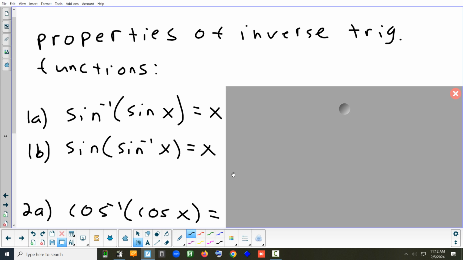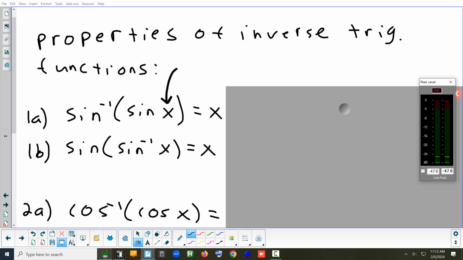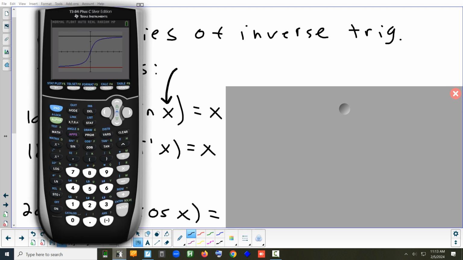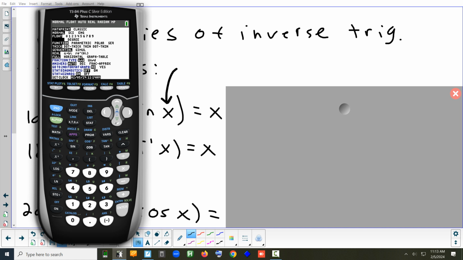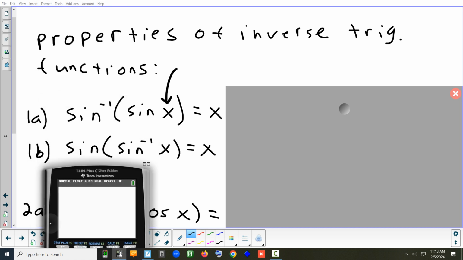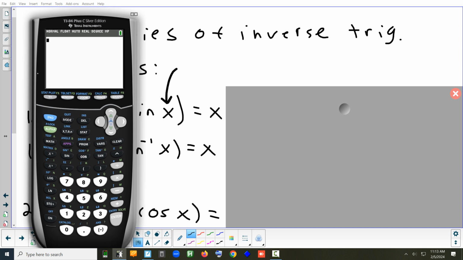But there's restrictions on these domains that you can plug in. You cannot just plug any number in there and it'll work. For example, just to keep it simple, let's do it in degrees. Let's plug in 100 degrees. And watch what happens. If I take the inverse sine of the regular sine of 100, I do not get back 100.